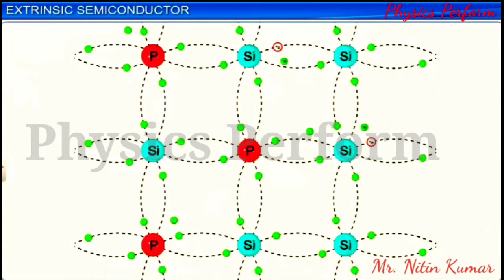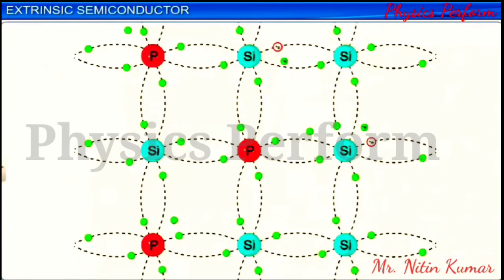Hence, in a semiconductor doped with pentavalent dopants, the total number of conduction electrons, Ne, is due to the free electrons contributed by the donor atoms, which are pentavalent dopants and those generated intrinsically. But the total number of holes, NH, is only due to the holes from the intrinsic source.